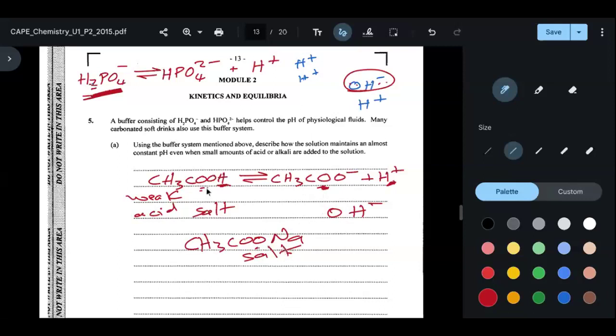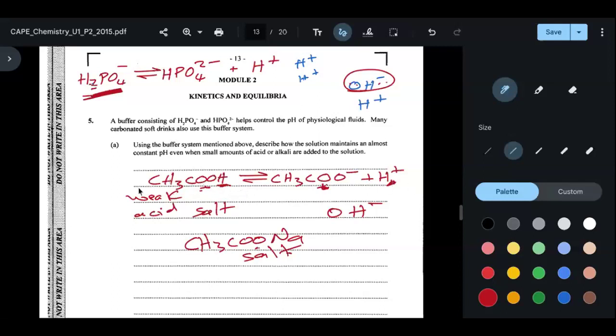So remember, a weak acid partially dissociates. So you only get a few of these from the acid, but you get a lot of this ion from the salt. That is why I'm saying you will not have a lot of hydrogen ions in your buffer. You will have a few hydrogen ions.